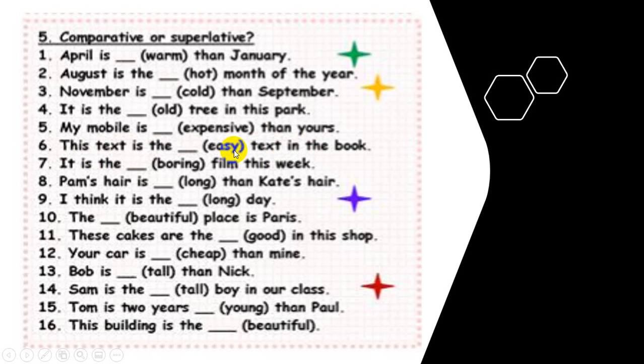Notice here we transfer the y with iest. Easiest. Number 7. It is the ___ film this week. Long adjective. The most boring. The most boring film this week.